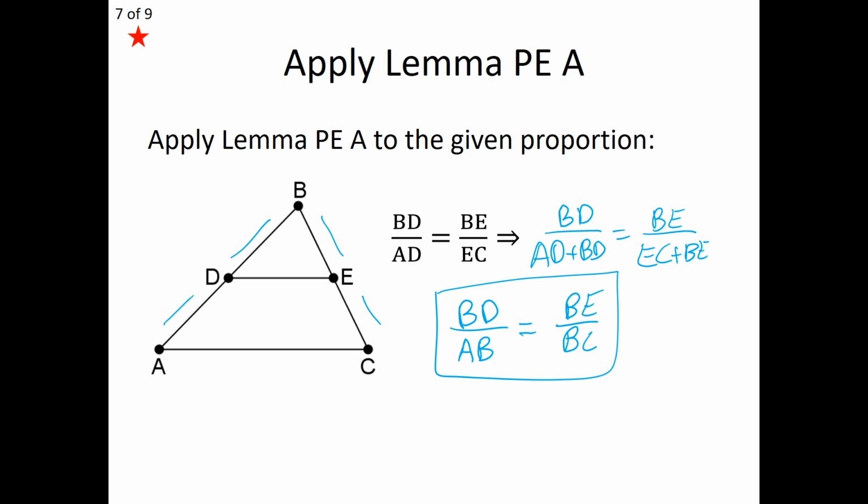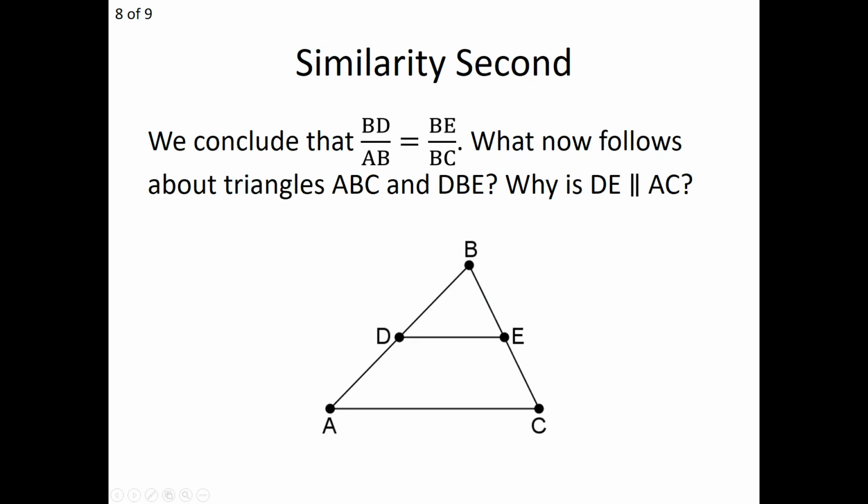What we have here is two sides of one triangle proportional to two sides of another. So what comes right after this? Similarity. Now that we have BD to AB and BE to BC as a true proportion, that two sides of one triangle are proportional to two sides of another, what we conclude about these two triangles is that they have to be similar to each other.